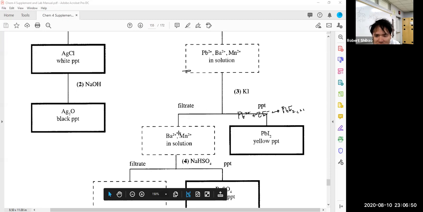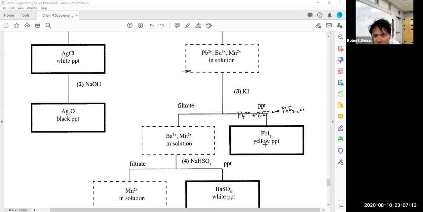So if some lead made it out over here, that could lead to interferences over here. So we got to make sure we add plenty of potassium iodide. In fact, we add excess KI to make sure we got it all out. Sometimes there's a problem with adding too much, sometimes you run into other unwanted reactions that could potentially occur.